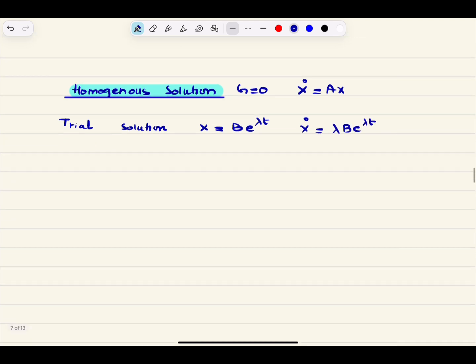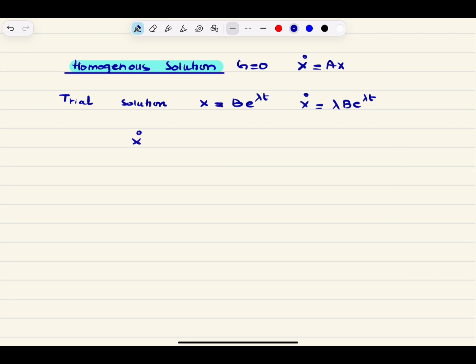Putting it into the main equation, x dot is equal to Ax, we get λ b e^(λt) on one side and A b e^(λt) on the other.